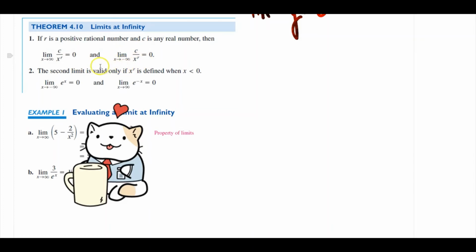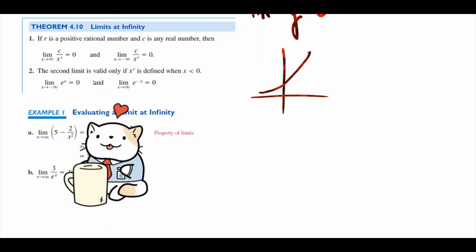And similarly with negative infinity, as long as we are allowed to take square roots of the negatives, as long as that's within our domain. And oh, that's what this is saying. This second limit is only valid if our x to the r is defined. That's when x is less than 0, where we're looking at the end behavior of e, because e looks like this.